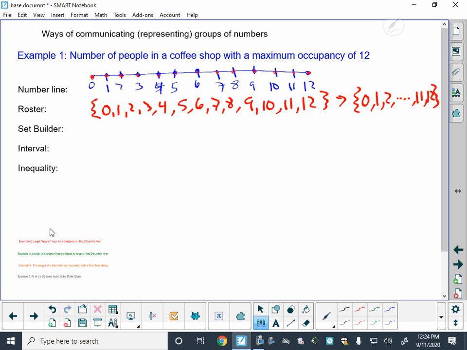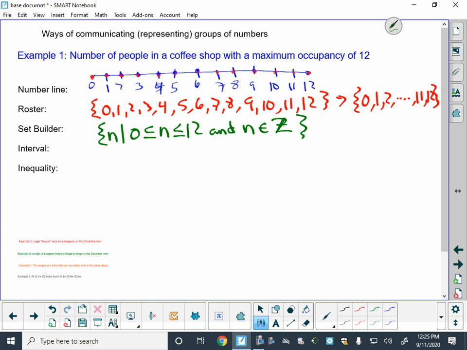Okay. Our set builder notation. On this one, I'll write it down first and explain what we're talking about. Okay, so this is read this way.